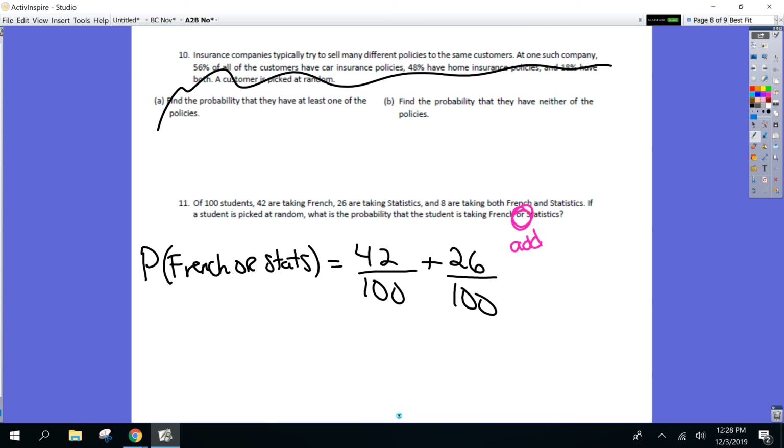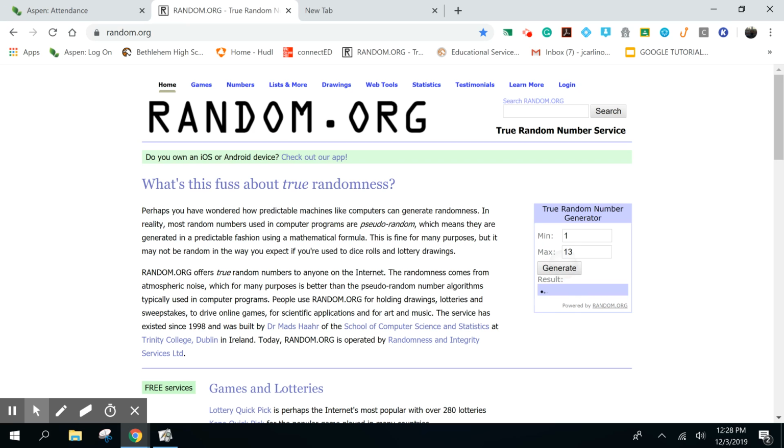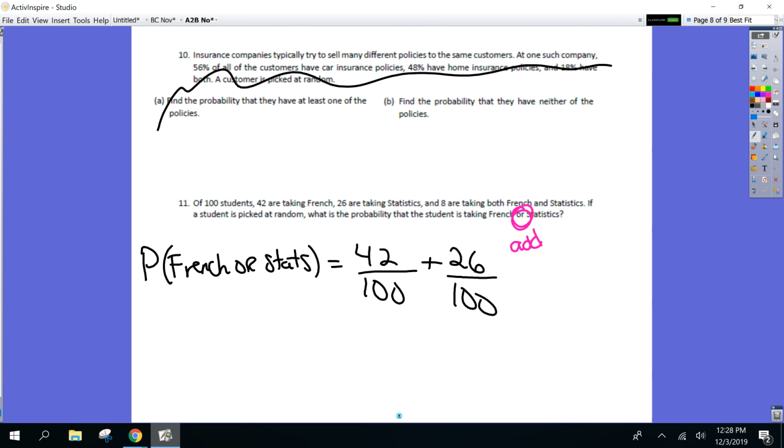How many take both? 8. So minus 8 out of 100. These are not mutually exclusive, taking French and stats, because they can happen at the same time. What do we end up with for that one? I have 60 out of 100, 3/5.